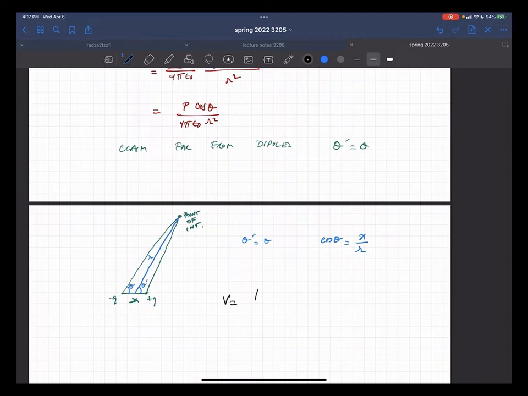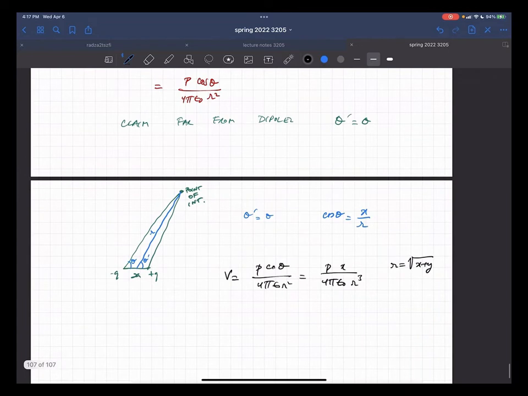So V is P cos theta over 4 pi epsilon naught r squared, which is equal to P x over 4 pi epsilon naught r cubed. And r is the square root of x squared plus y squared. So this ends up being P x over 4 pi epsilon naught (x squared plus y squared) to the 3/2.